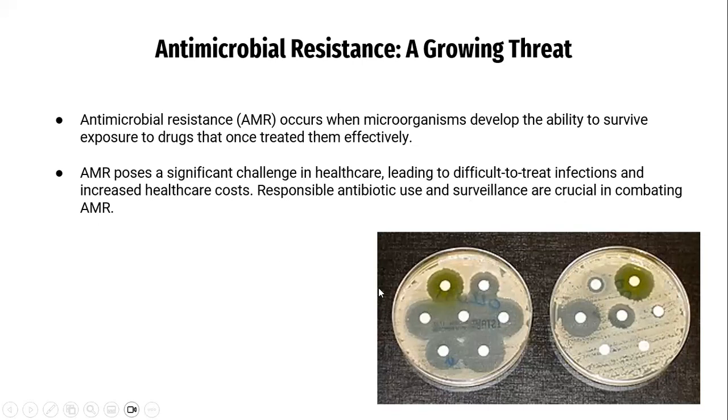So it's very important that we don't overuse antibiotics because it's like natural selection in nature. The more you expose bacteria to antibiotics, the higher the probability of one bacteria cell developing resistance to that.